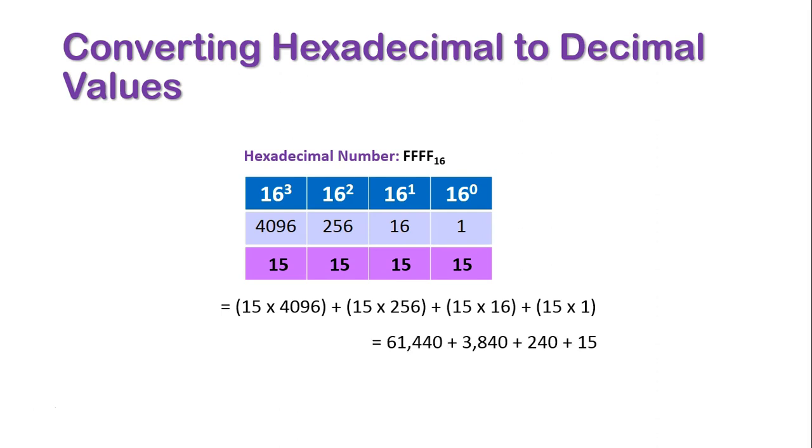This equals 61,440 plus 3,840 plus 240 plus 15, which then equals 65,535.